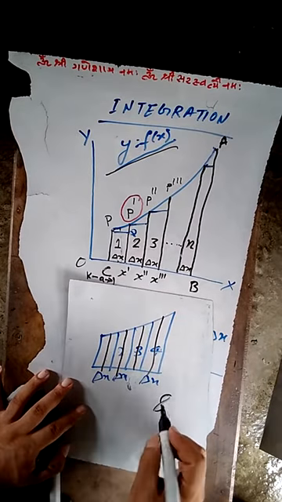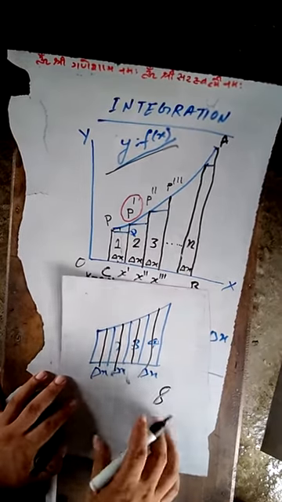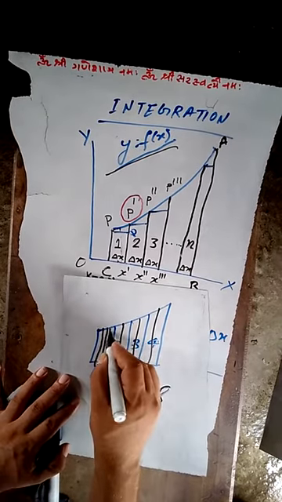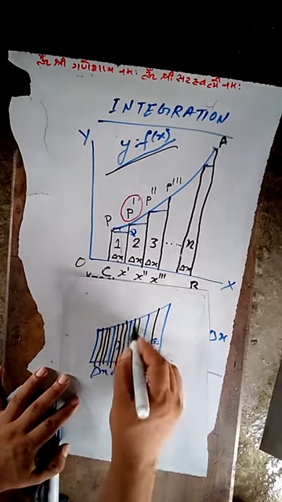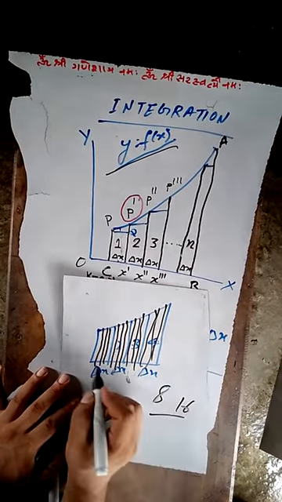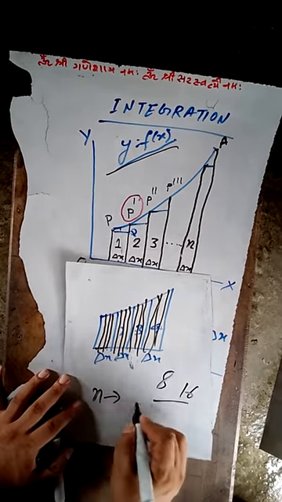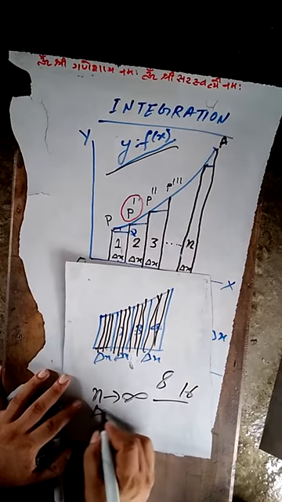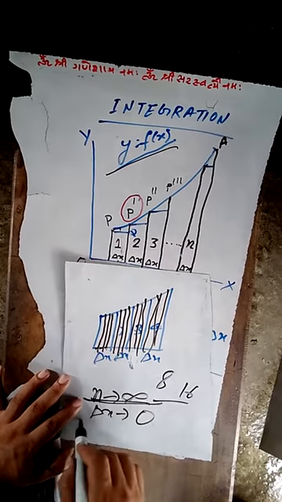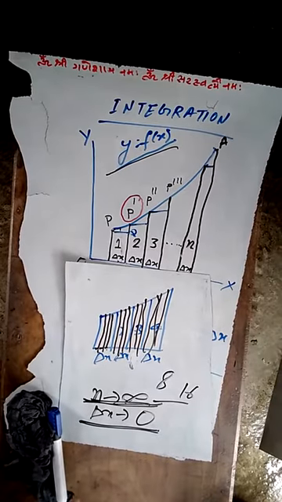Now if we make 8 strips, you see the delta x decreases. If the number of terms increases, now it's 16, so delta x has become very small. So as the number of terms goes to infinity, delta x tends to 0, because as n increases, delta x decreases.